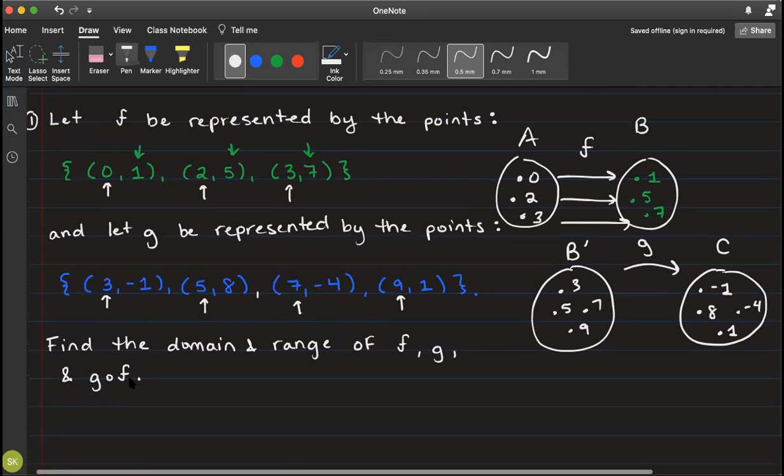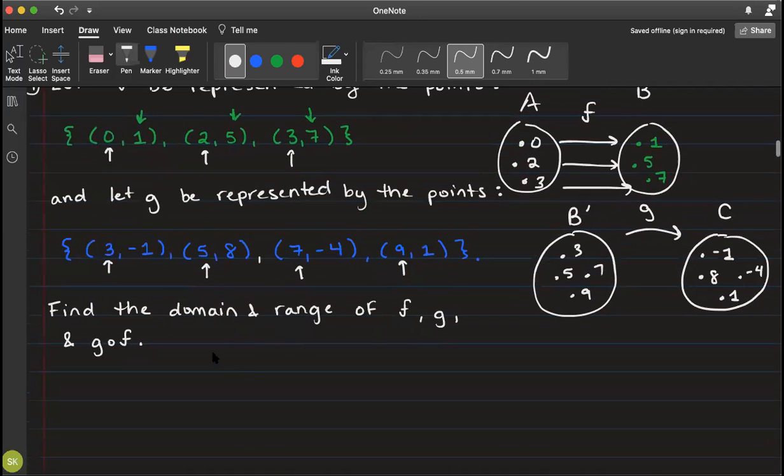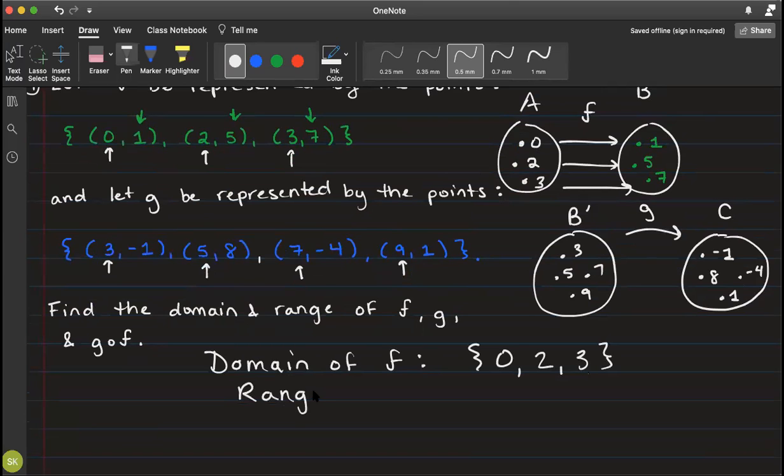Now, let's write down the domain and the range of f and g. So the domain of f is 0, 2, 3, and the range of f is 1, 5, and 7.